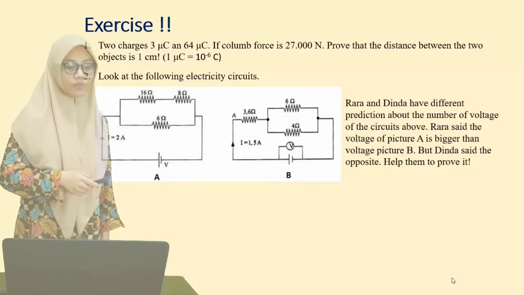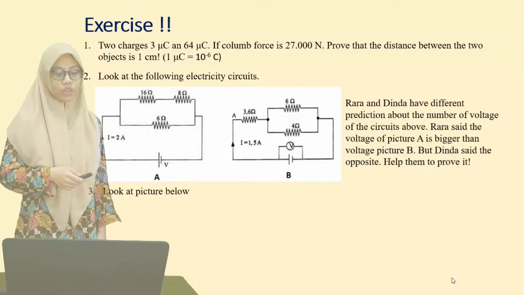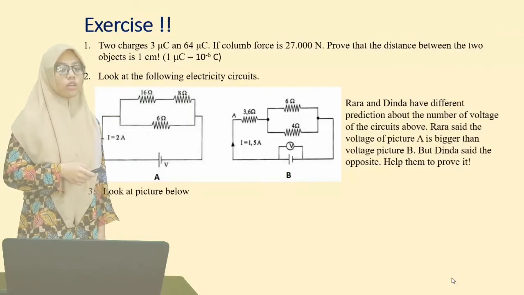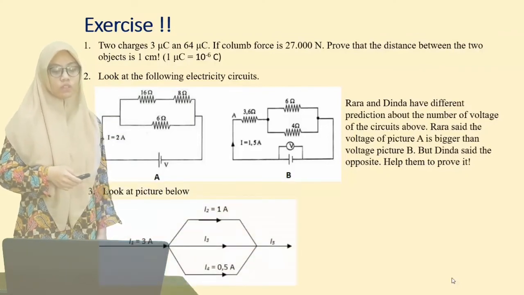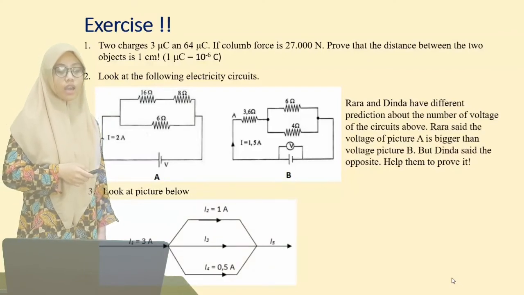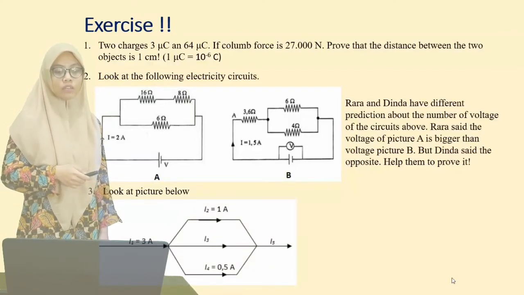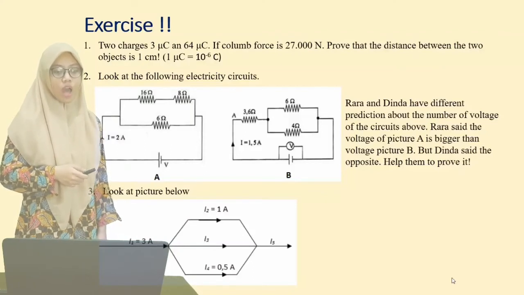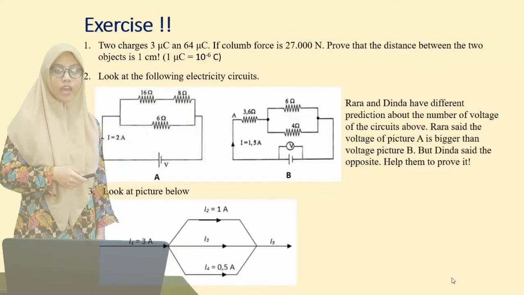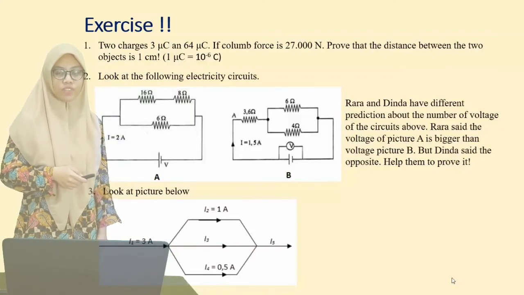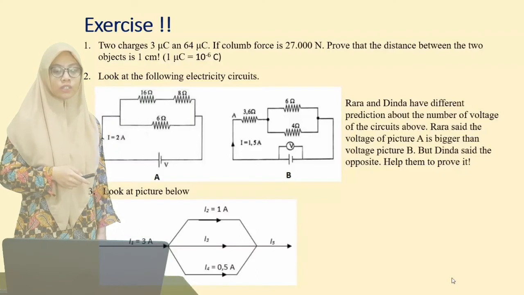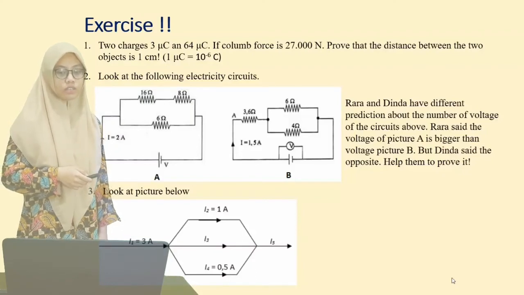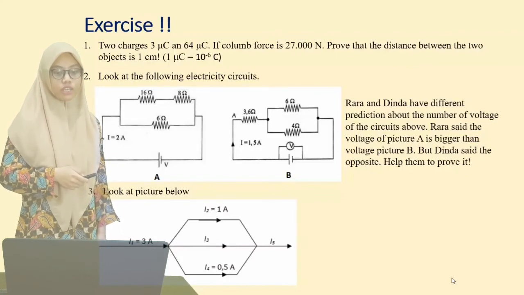For question number 3, look at the picture below. Here I have a picture about electric current. I have 5 currents: I1, I2, I3, I4, and I5. I1 value is 3 ampere, I2 value is 1 ampere, I3 value is unknown, I4 is 0.5 ampere.